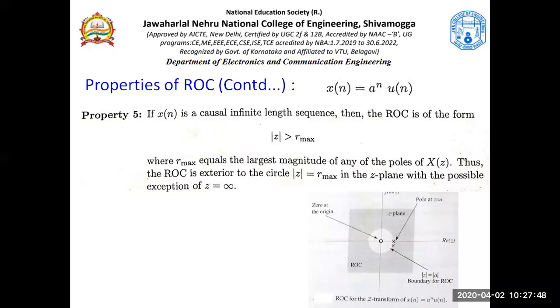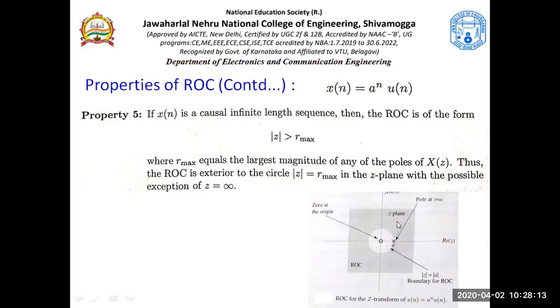So this is the meaning of this. If you want to generalize this statement, you can just say that for any positive time exponential, the ROC is outside the Z equal to R max circle.